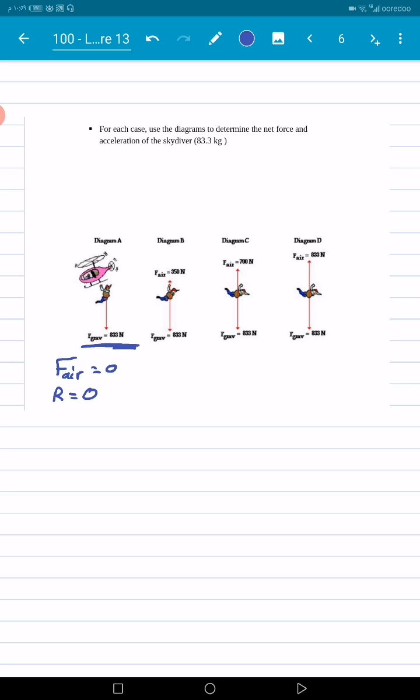So what is the net force? F net is equal to W, the weight. So what is the weight? mg. So here is 0. Here is the mg. So the F net is equal to the Fg.